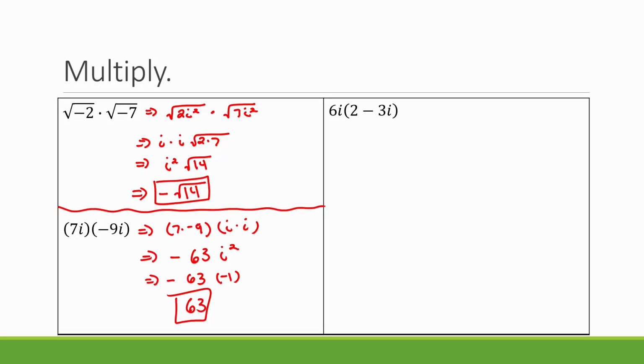Okay, next example, we have 6i, and then in parentheses, we have 2 minus 3i. So we're multiplying a monomial times a binomial. So remember, we have to use the distributive property to do that. So I'm going to multiply the 6i times 2, and then the 6i times the -3i.